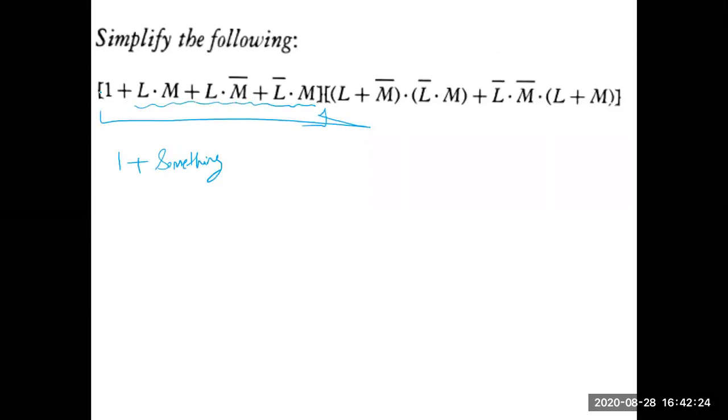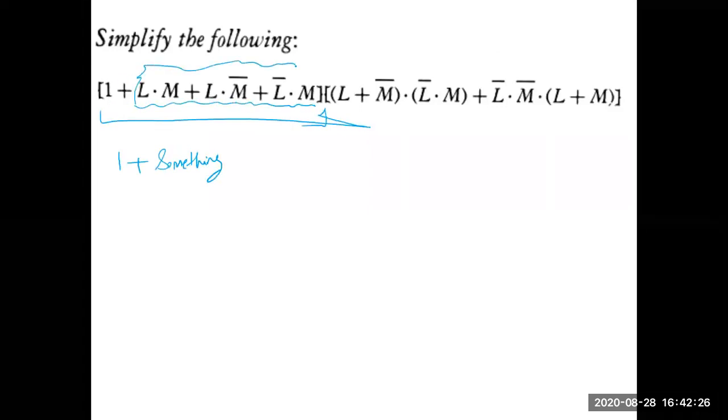Simplify this equation. By analyzing this full expression, you can analyze from this part, from here to here. This part is basically 1 plus something. This is your something, and this is your 1. This is 1 plus something.